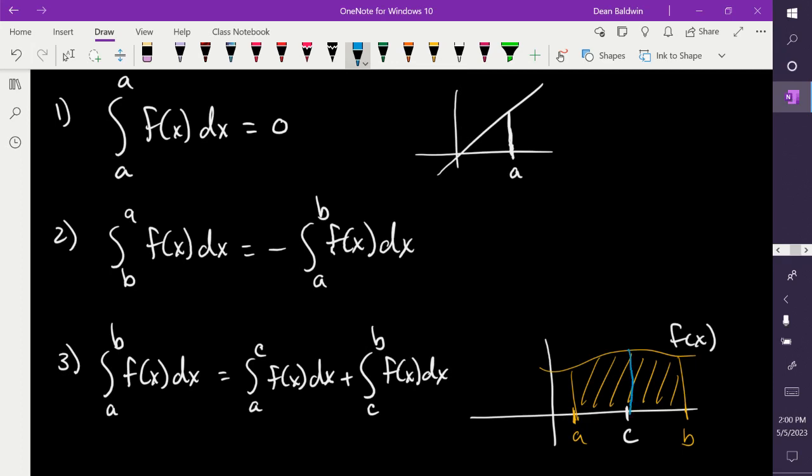Like I can divide it and add this area, which is this bit, and then add this area, which is that bit. And you'll see sometimes, especially if you do Math 101, that's advantageous, okay? Depending on what's on your graph.